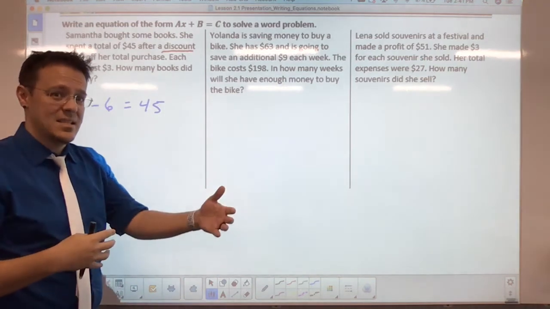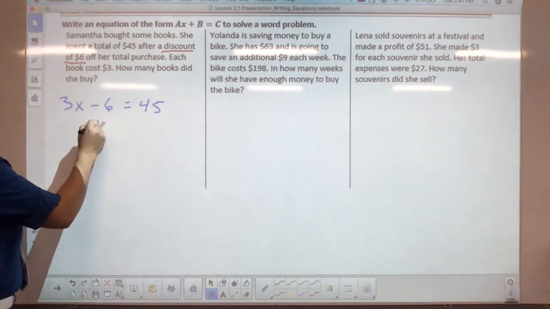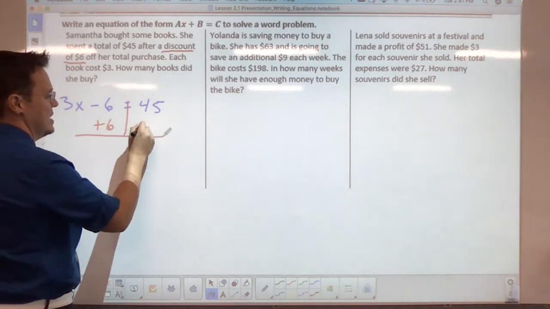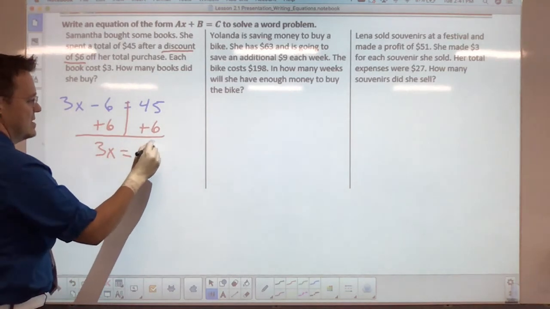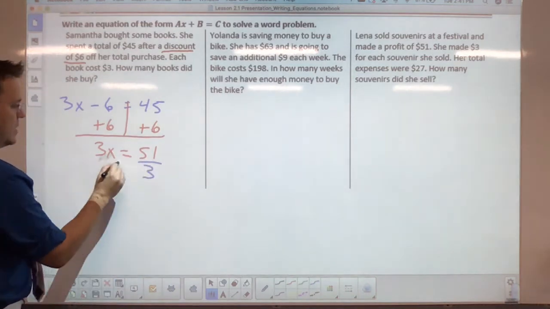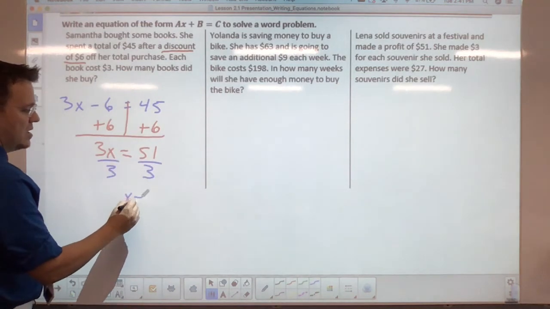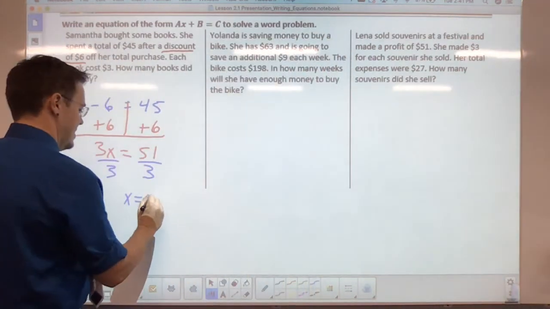You wouldn't add $6 to your expense like the shipping cost. This is reducing it. So think through everything you're doing and ask yourself, does this make sense? Because if it doesn't, it's probably wrong. So you divide both sides by 3, and then you get x equals 17.